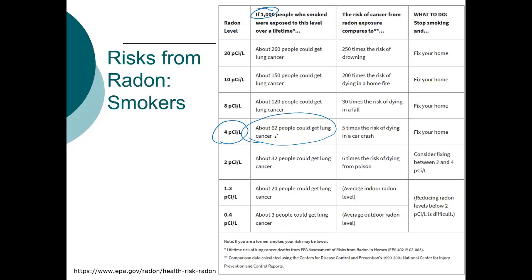That's the additional risk due to exposure to radon, and that's roughly 5 times the risk of dying in a car crash. And EPA recommends that at that level, you fix your home.